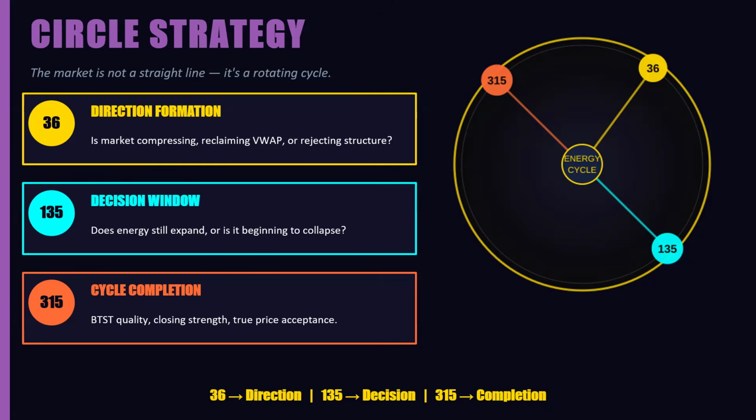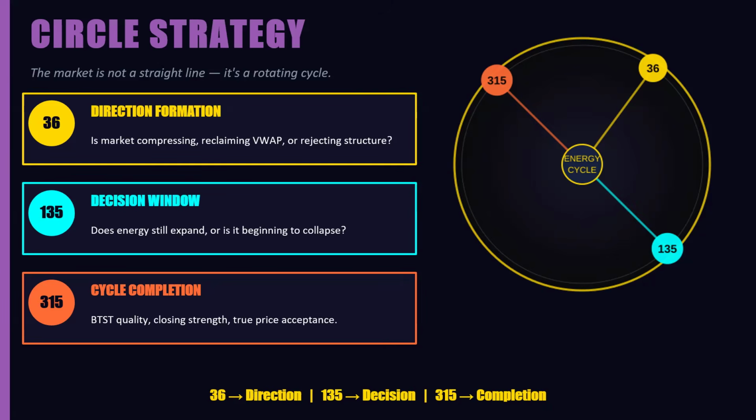And 315 is the cycle completion. The 315 time window is the cycle completion, and how the price is closing matters. Sometimes it proceeds above the window, starts expanding beyond that, and closes at the top at 315. That is the closing window.